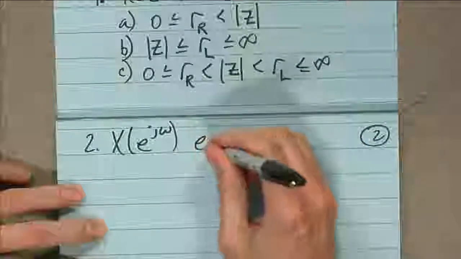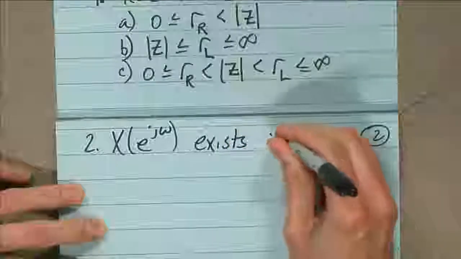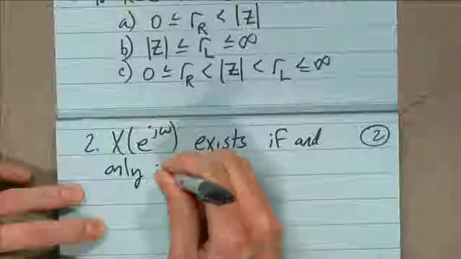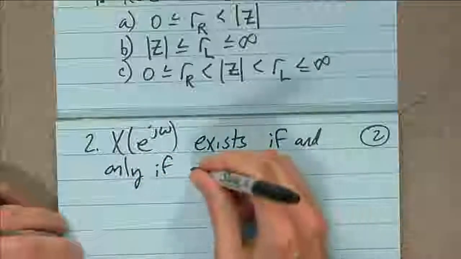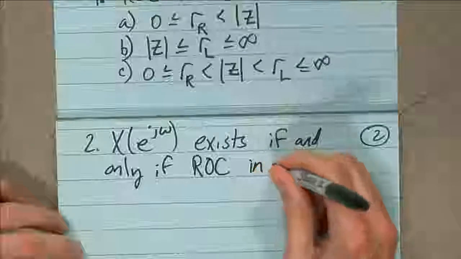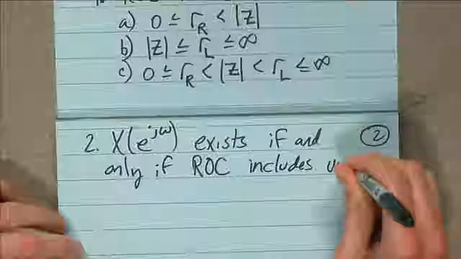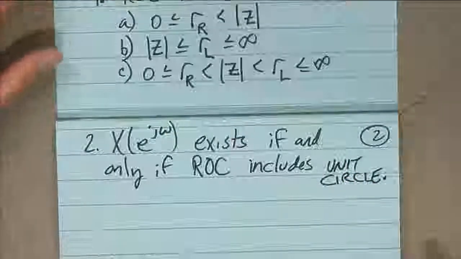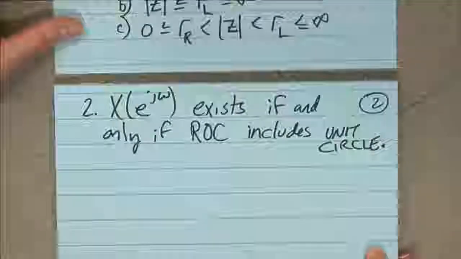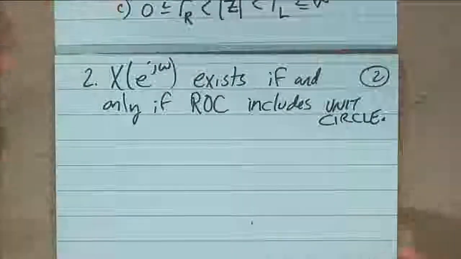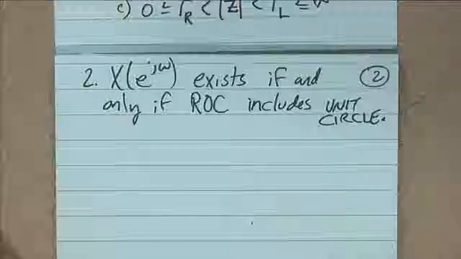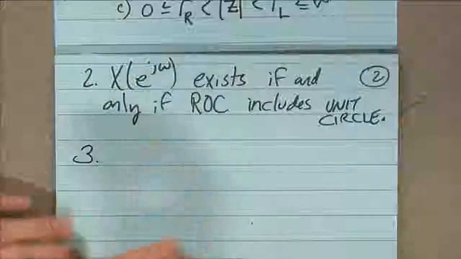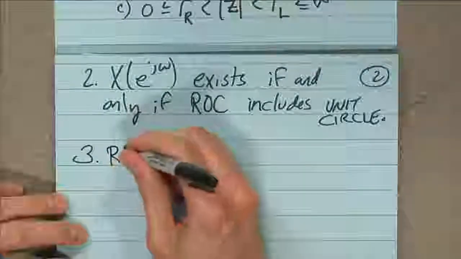So we'll say it exists, and I think we can use this technical term, if and only if the region of convergence includes the unit circle. So every time we saw the region of convergence include the magnitude of z equals 1, we knew the Fourier transform existed.